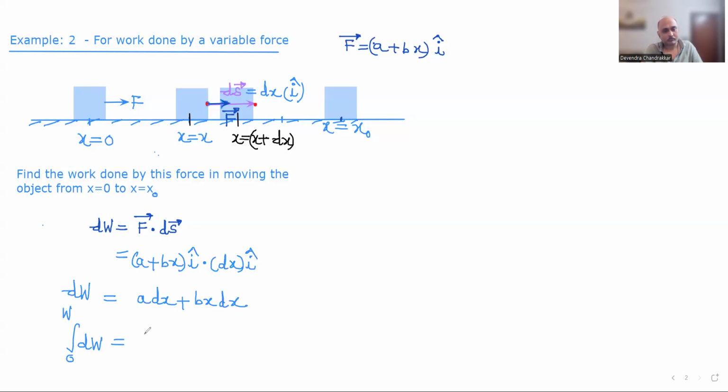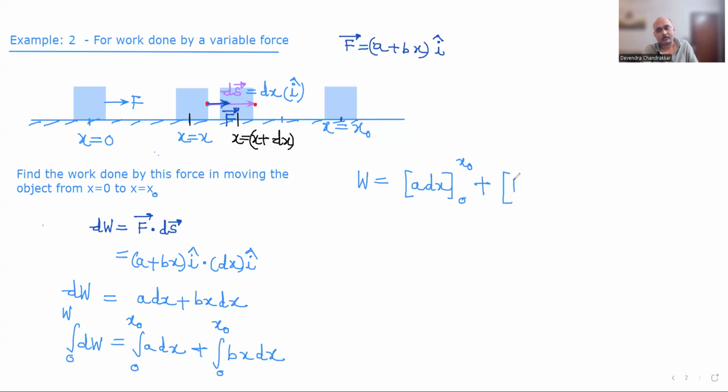Now this dW integrated from 0 to W is the integral of a dx from 0 to x naught plus the integral of bx dx, again from 0 to x naught. So W is equal to the integral of a dx, a is a constant, from 0 to x naught, plus the integral of x dx, which is x square by 2, from 0 to x naught.